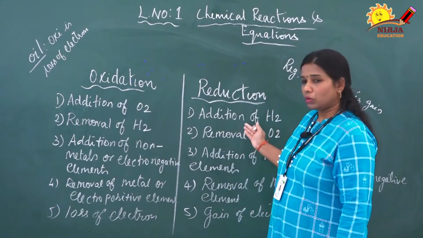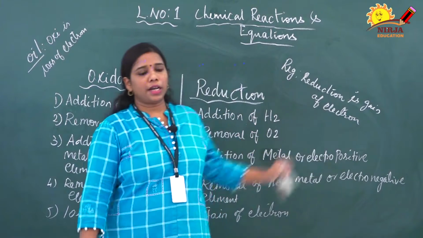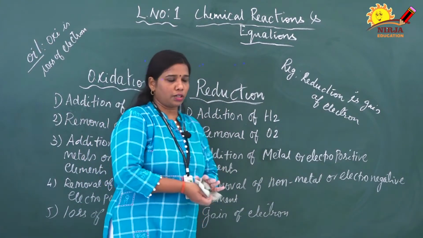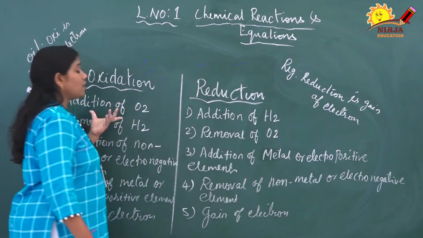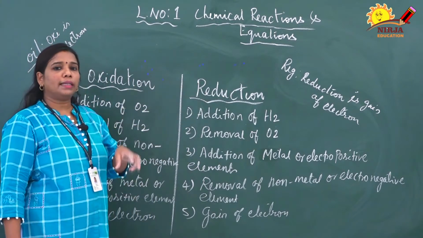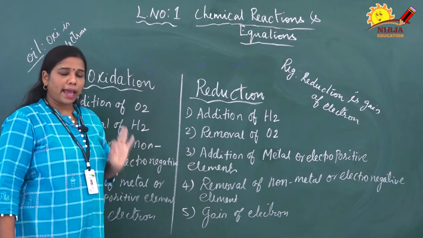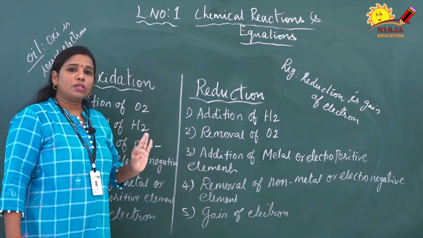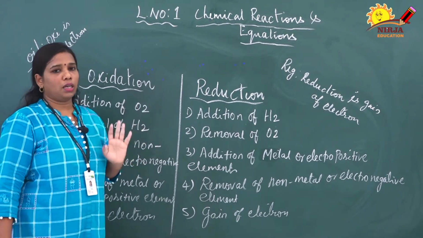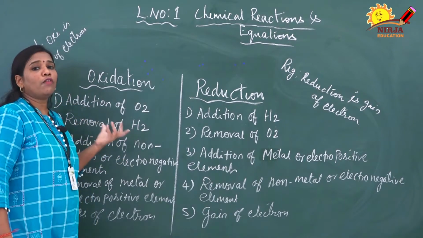Now we are going to discuss the difference between oxidation and reduction. Oxidation is nothing but addition of oxygen, adding oxygen to another element. It can also happen by removal of hydrogen.